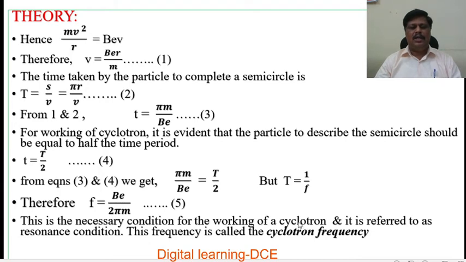That is, the time taken to cover a semicircular path, T by 2, is equal to half the time period of the high frequency oscillator.